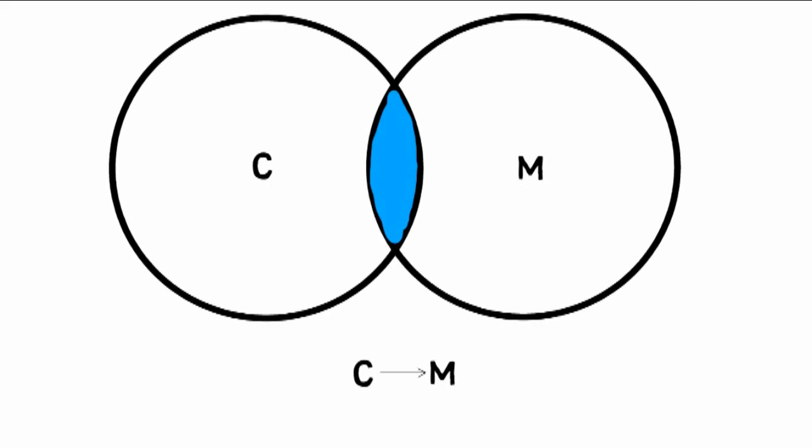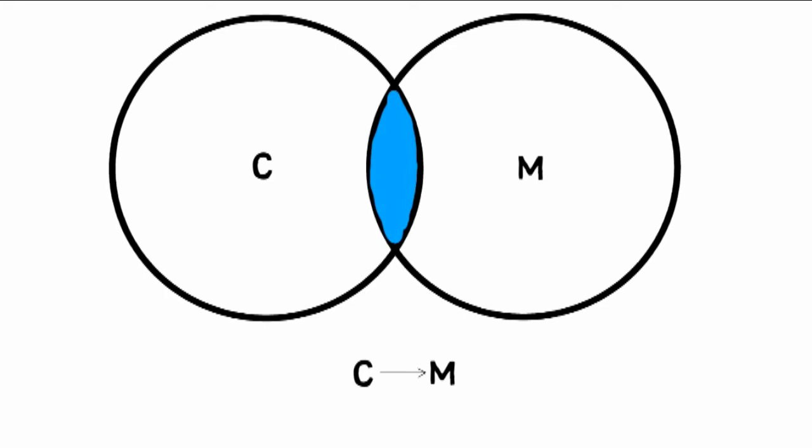And when we use circles to express this, this C circle says this is the set of all things that are cats, and this M circle is the set of all things that are mammals. And of course, they have to overlap, and where they overlap, right there in the middle, that's where if C then M can be represented.